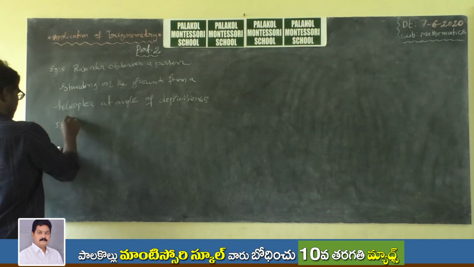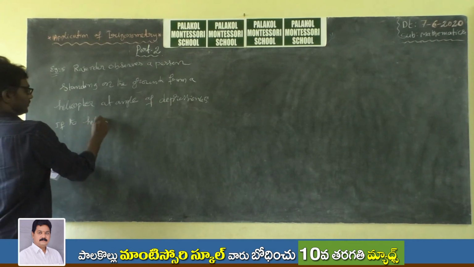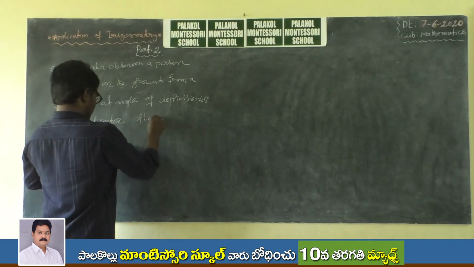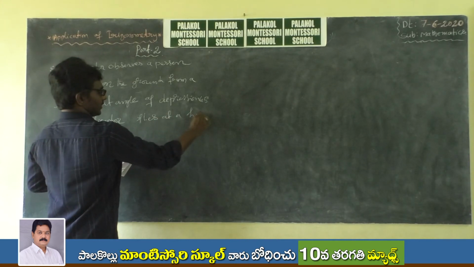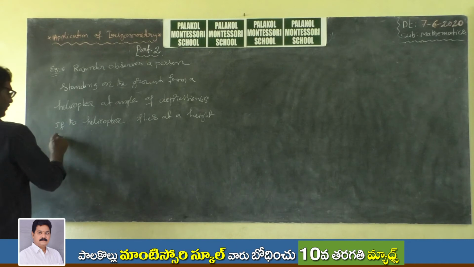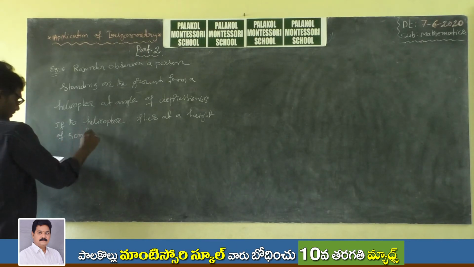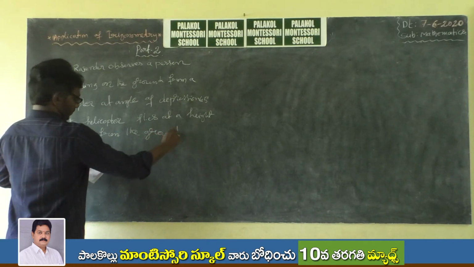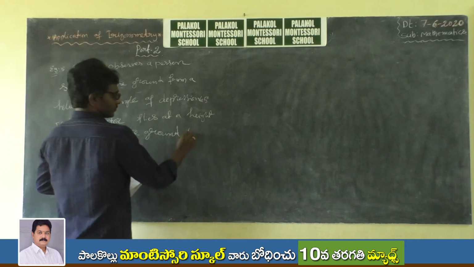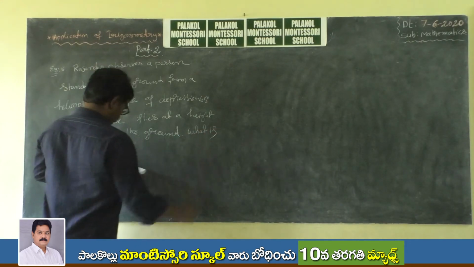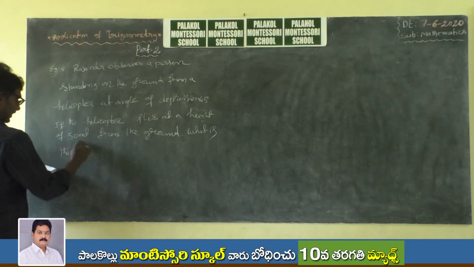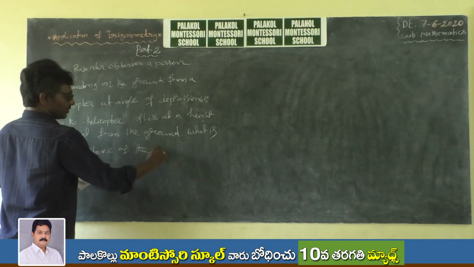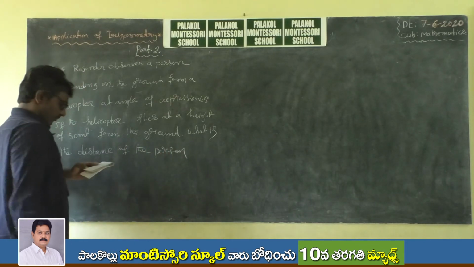If the helicopter flies at a height of 50 meters from the ground, what is the distance of the person from Rajendra?